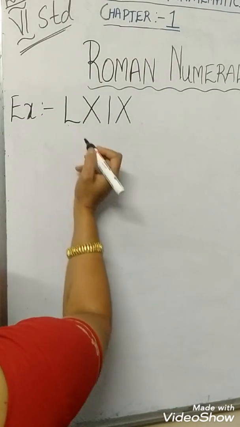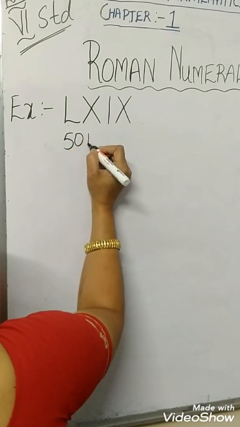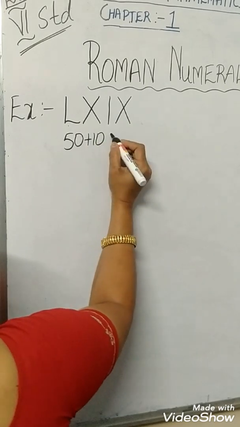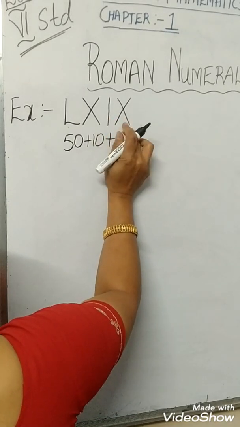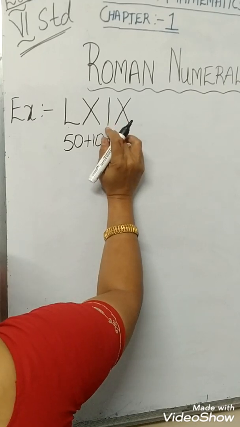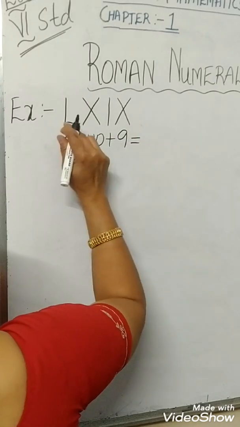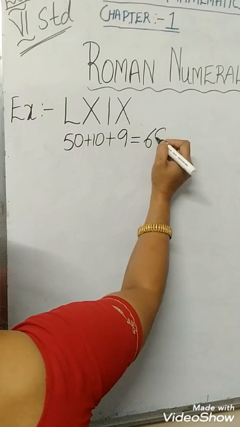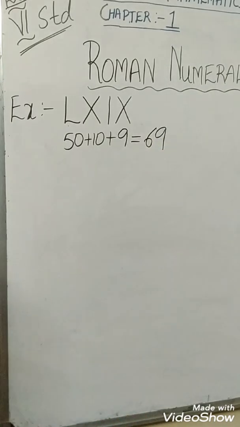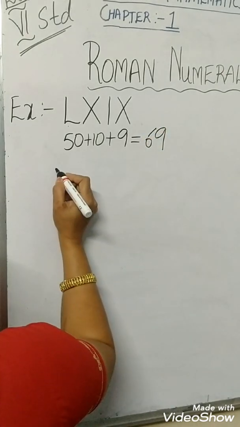What is this symbol? It is 50. What is this? 10. Now this one. It is X. Before that I is there. So it is 9. So the symbol L, X, I, X is nothing but, can you tell? 69.